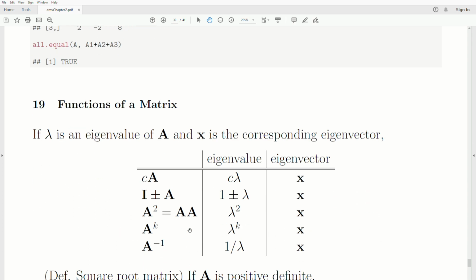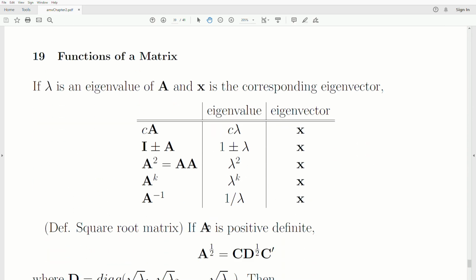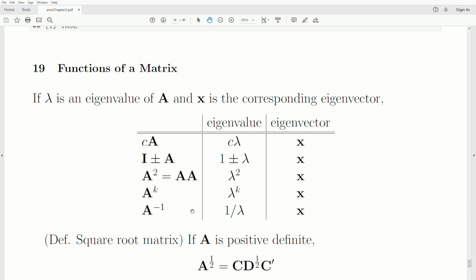Now, for this section, functions of matrices, this first table we're not going to do much but list it and note that they behave in a fashion that we think they should. So if lambda is the eigenvalue of A and x is the corresponding eigenvector, then if we take C times A, the eigenvalue of that product is C times lambda, same eigenvector.